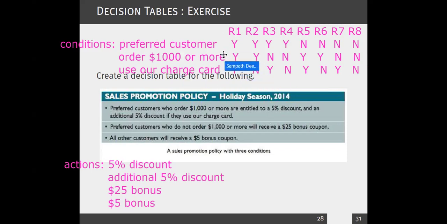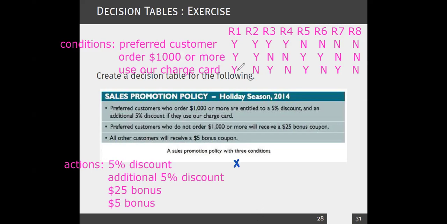So now we can read. Okay, we have preferred customer and order 1,000 or more, and they have used a charge card. So now you will get 5% discount.